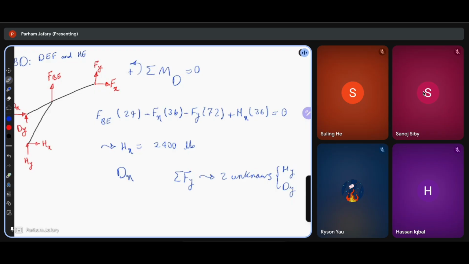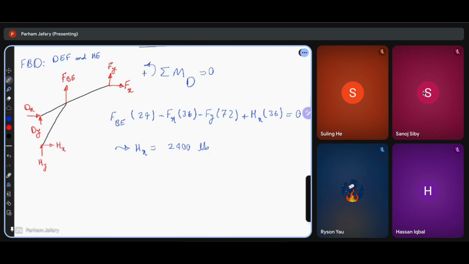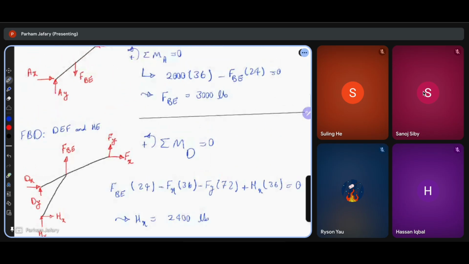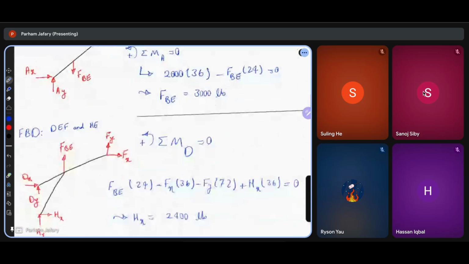So this is where we get some help from the geometry, or this sine theorem.